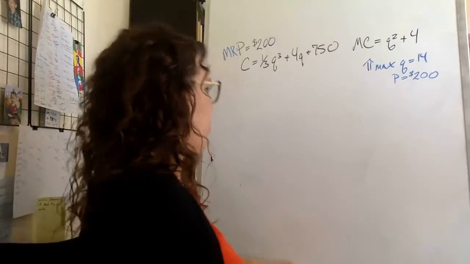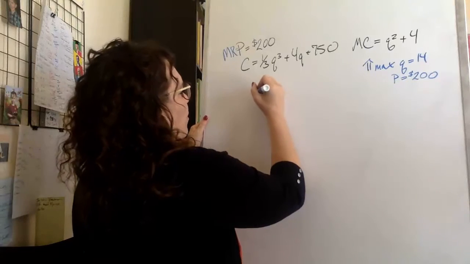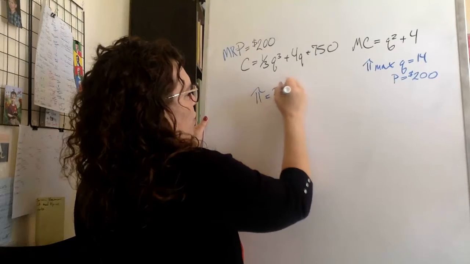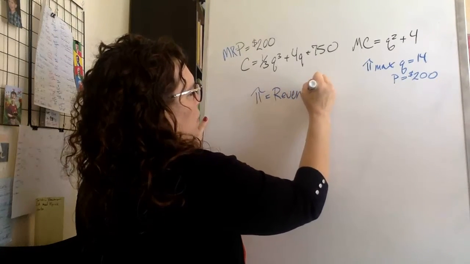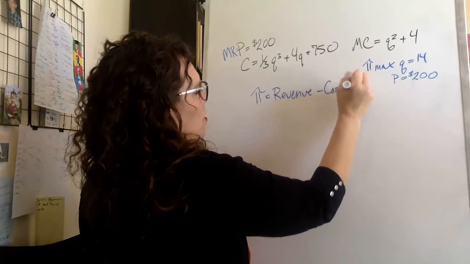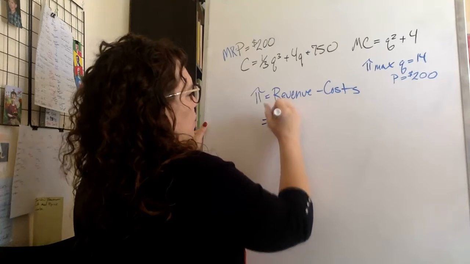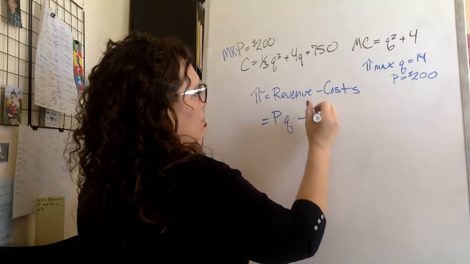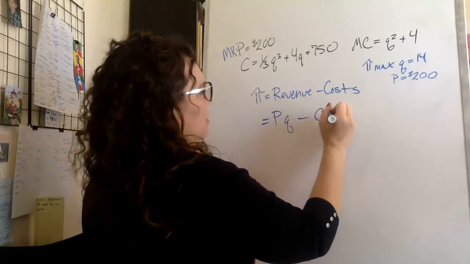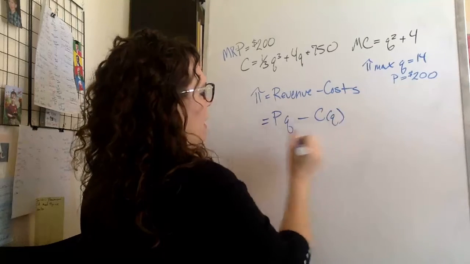Remember, profit equals revenue minus cost. And revenue is going to be price times quantity, minus costs as a function of quantity.